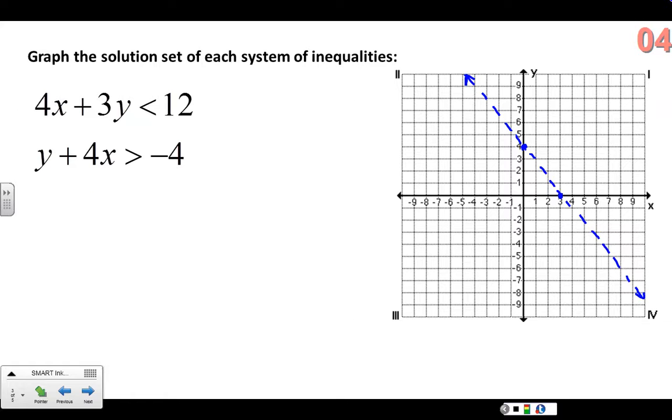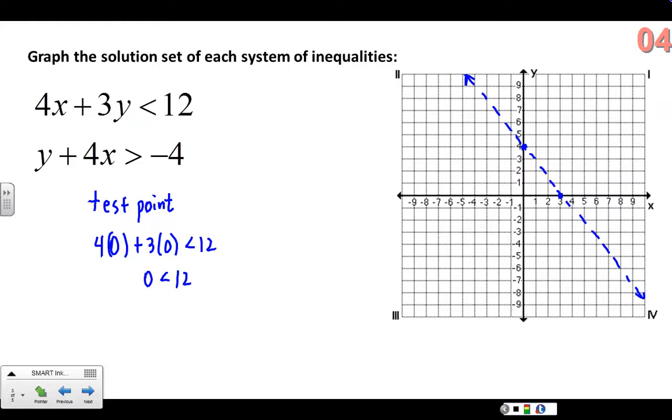If we pick a test point, for example, the origin, 4 times 0 plus 3 times 0 is less than 12.